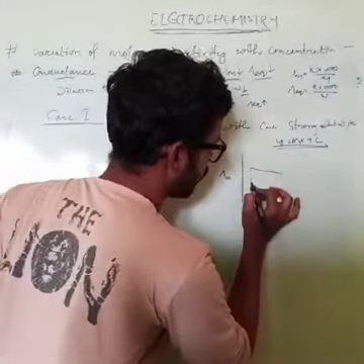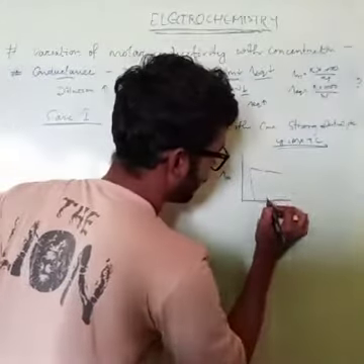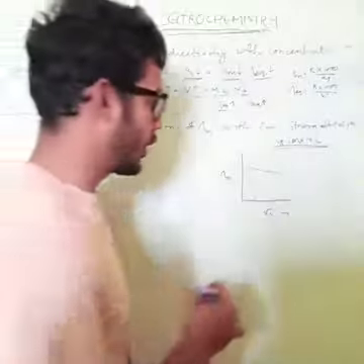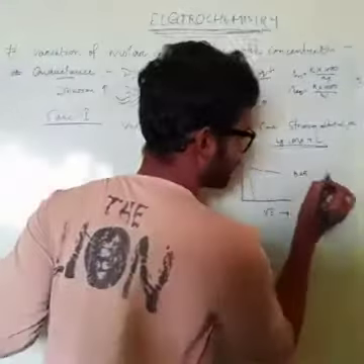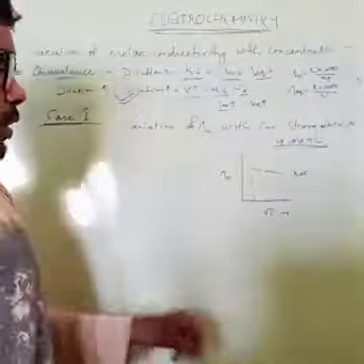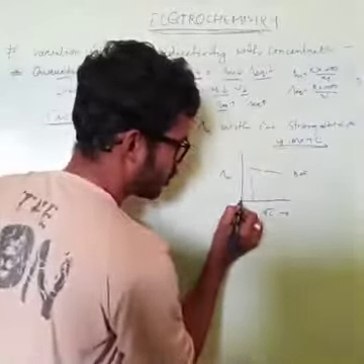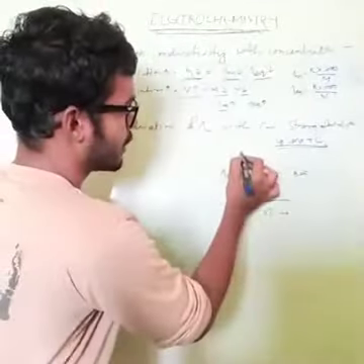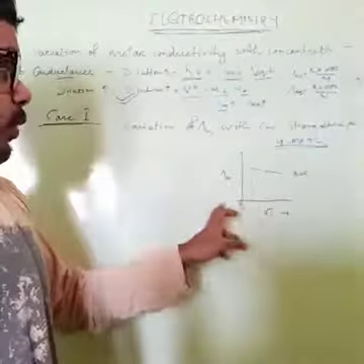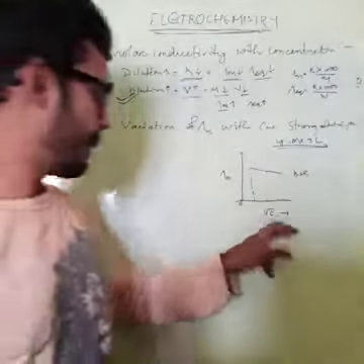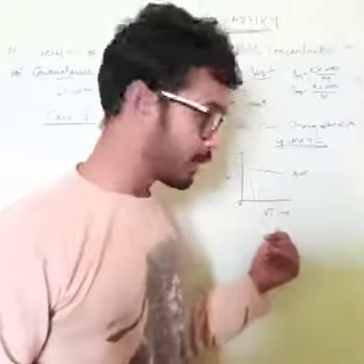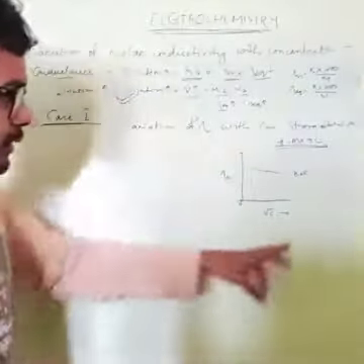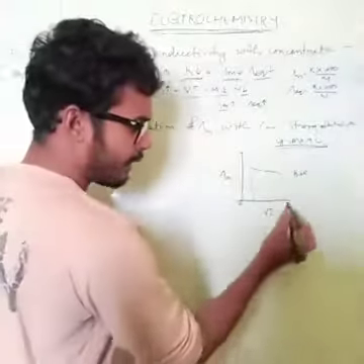So if you draw this, he has taken the strong electrolyte KCl. Okay, and he got this. This is 0, this is the y-axis, which is molar conductance, and this is concentration. So this is the higher concentration.